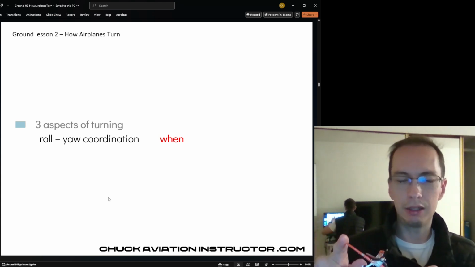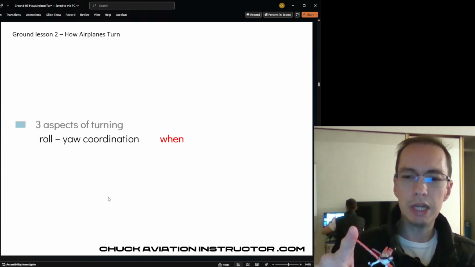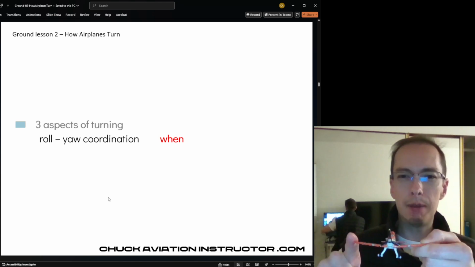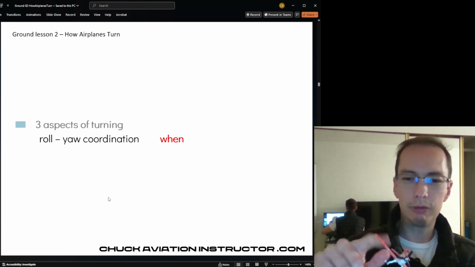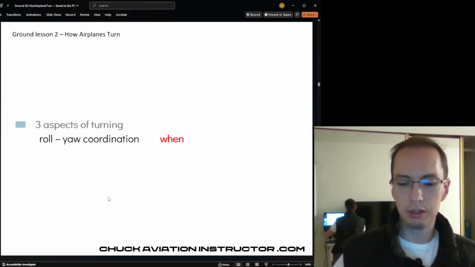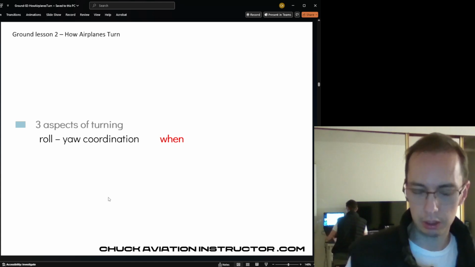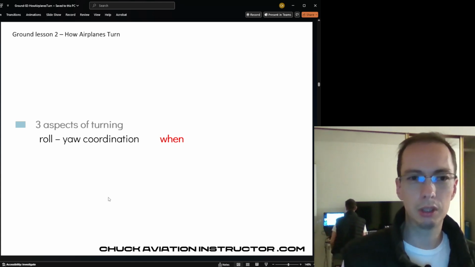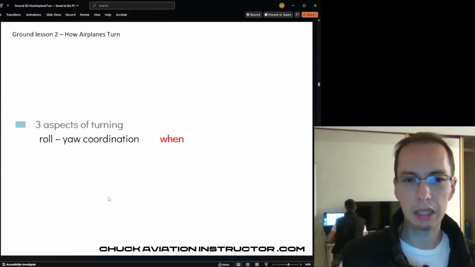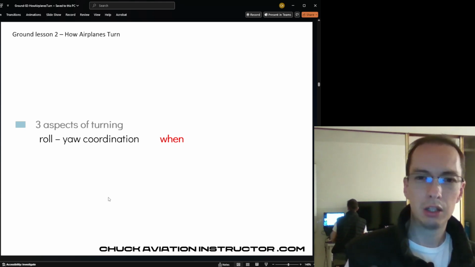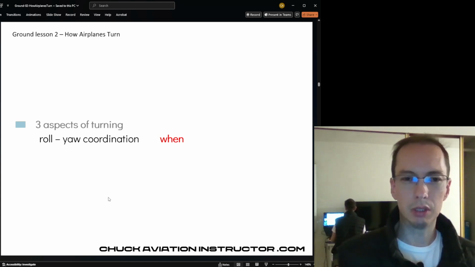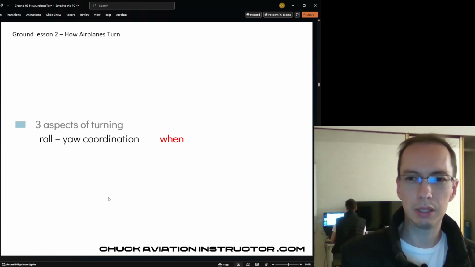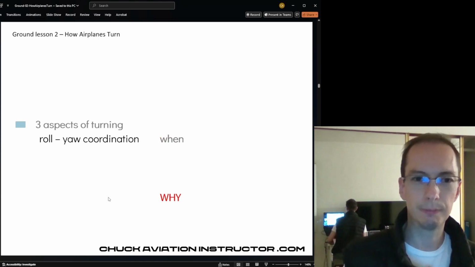We're going to cover that shortly. Rolling from wings level doesn't generate much of that as rolling from a banked position. Rolling from wings level is cleaner. Rolling from a banked position is dirtier, if you want to put it like that. So you need to coordinate roll and yaw, ailerons and rudder, during stages 1 and 3, entry and rollout, not throughout stage 2, the turn itself.